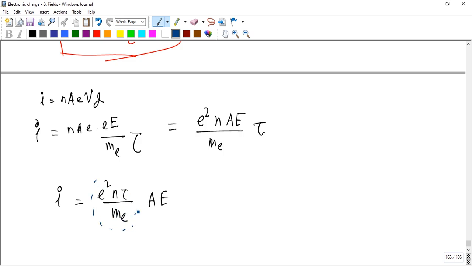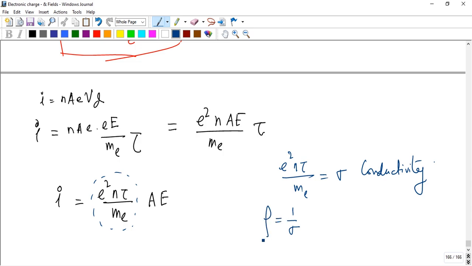The whole term e squared n tau by m_e is called conductivity, sigma. The reciprocal of conductivity, 1 by sigma, is called rho, the resistivity.